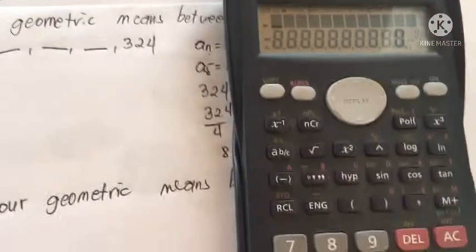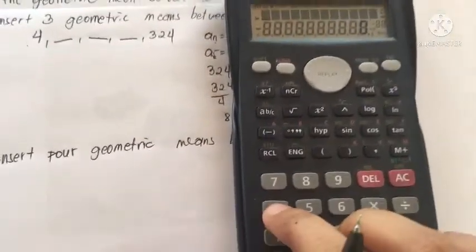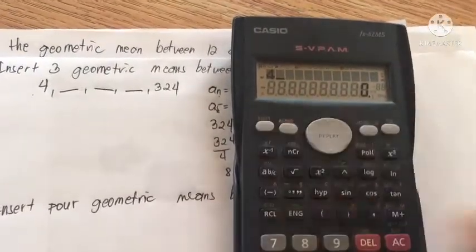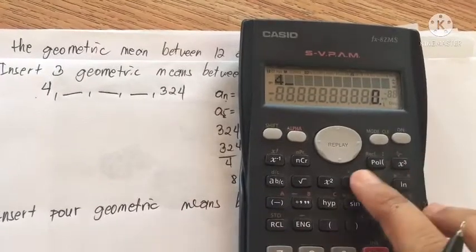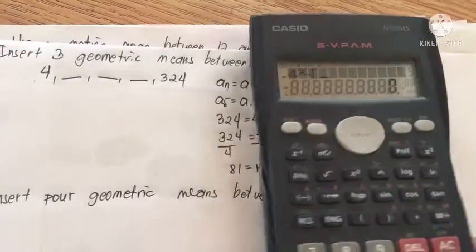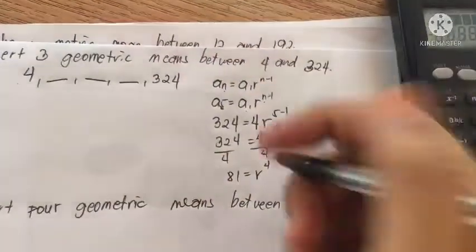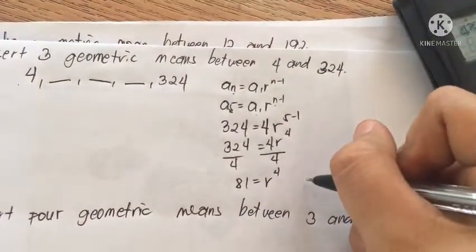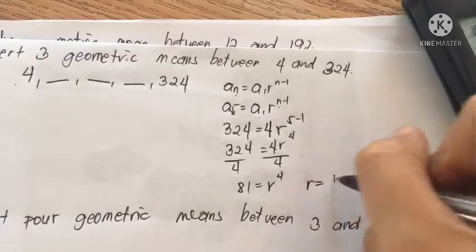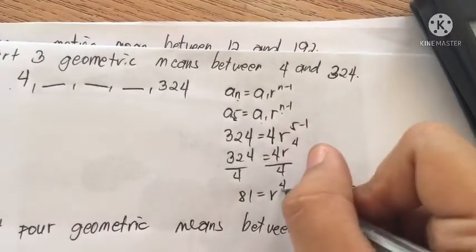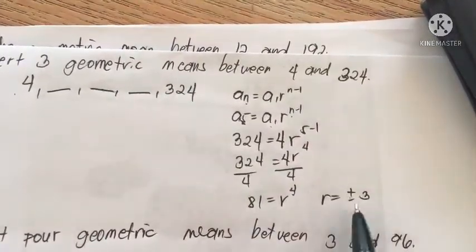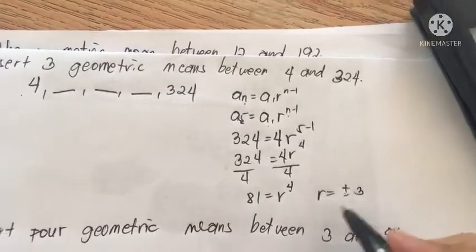I-calculator natin. Shift, i-root natin, fourth root ng 81. That is 3. Okay? So, ibig sabihin, ang ratio natin is positive, negative 3. Since even siya, kaya dalawa, kasi positive and negative 3 siya nun.